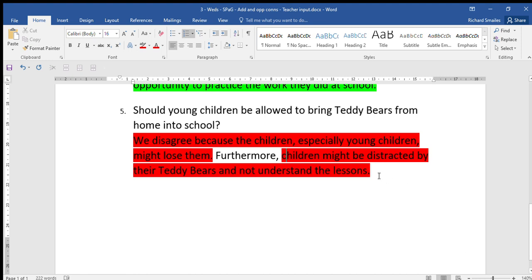So, furthermore, children might be distracted. Basically they're saying, look, here's the first reason for saying no, which is this one here in grey. And then here's the second reason for saying no. So basically we're saying no twice, and that's why we have an addition connective.